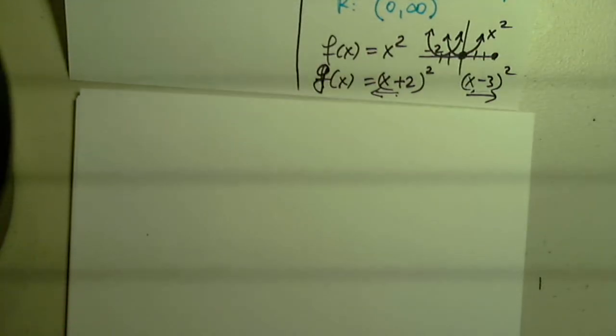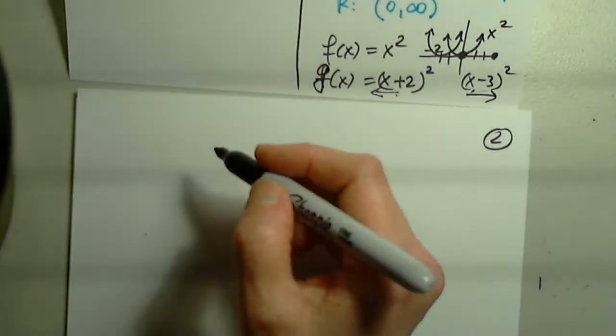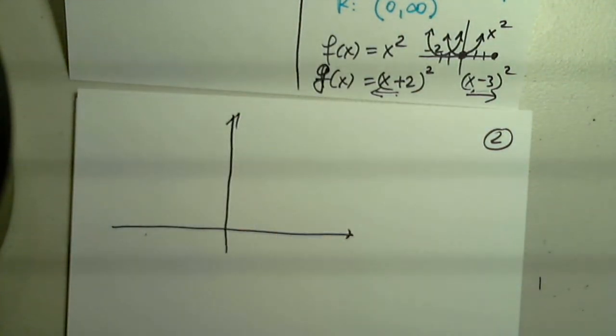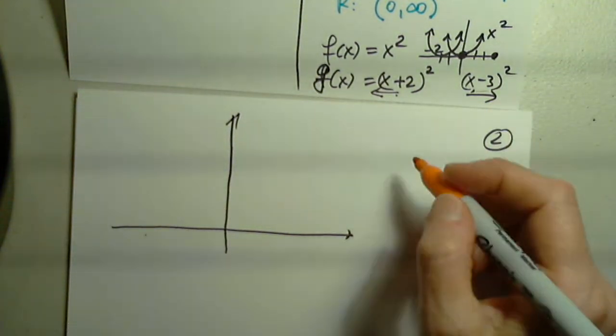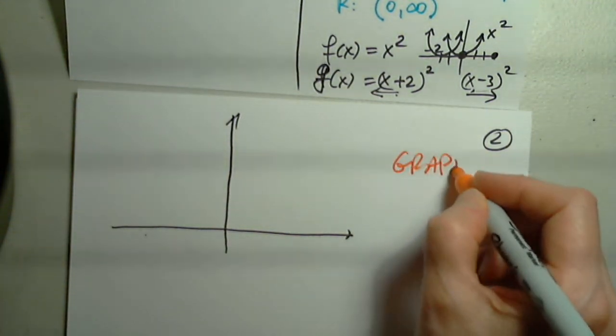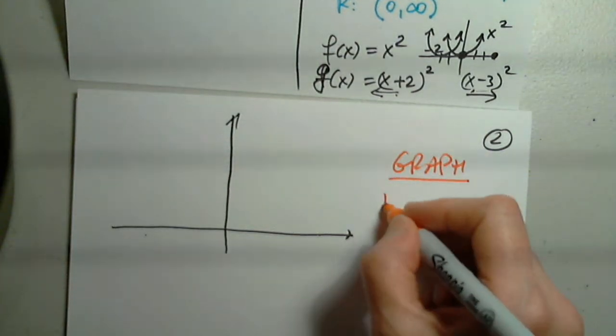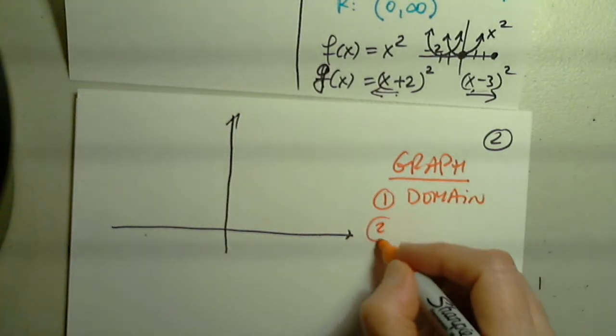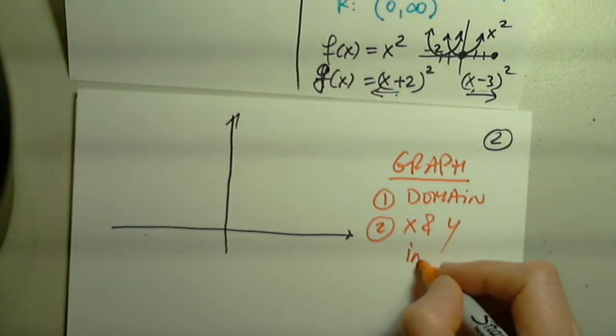So bottom line, the graph will be step by step. Please always remember, when we're asked to graph a function, we have to establish the domain. We have to find x and y intercepts.